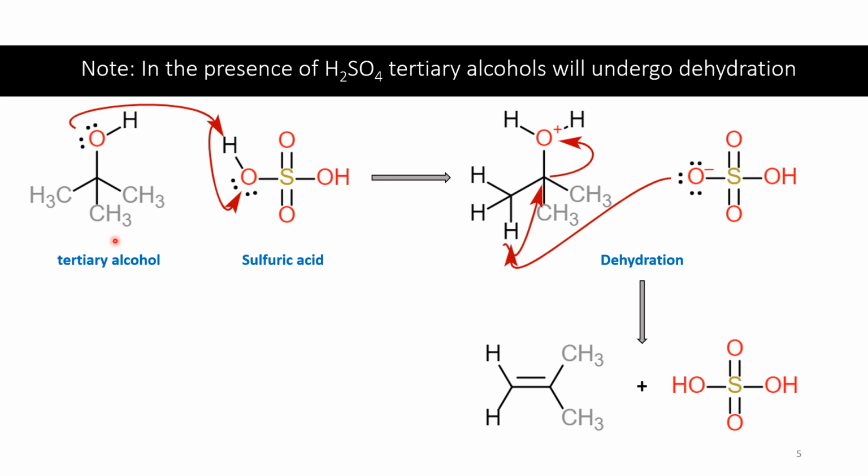The answer will be no, it won't, because of the reasons I explained in the previous slide. However, it will still react with sulfuric acid, undergo a dehydration, and produce the respective alkene.